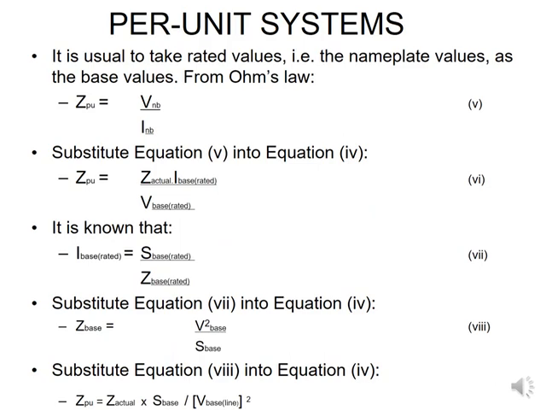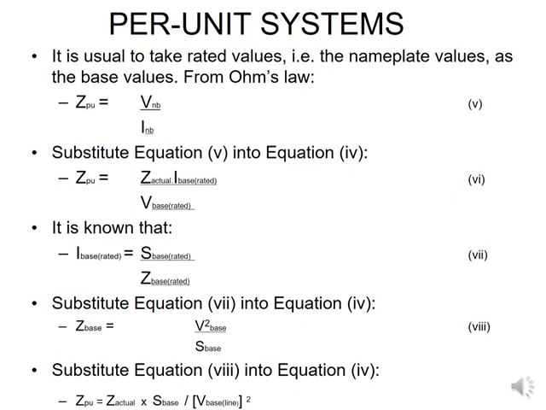Then these are the formulas that you guys know. For example, you know that your impedance using Ohm's law is equal to your voltage over your current. And then in the slide that I didn't show here, they told us that your impedance per unit, Z per unit, is actually the same as your actual impedance multiplied by your base current in the system divided by your voltage base.